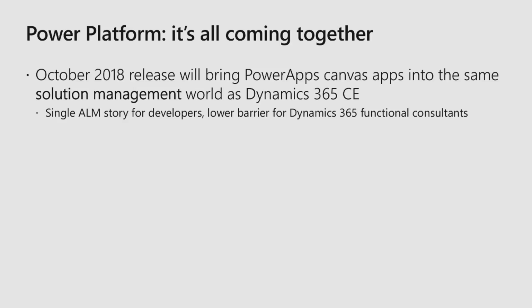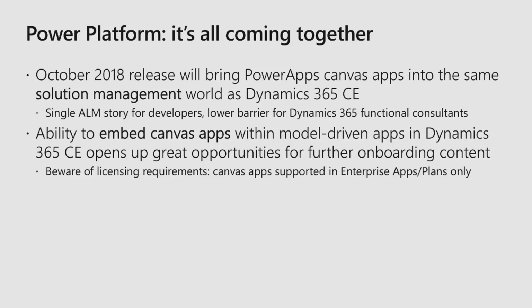Now, the Power Platform, of course, is really coming together, as we've seen in this event already. Some of the most exciting things from our perspective are, first of all, that the whole solution management concept is coming together for the PowerApps side, adopting the Dynamics way of doing things. That's going to be a great way to lower the barrier for our Dynamics professionals to get involved with developing PowerApps and Flow components in the future.